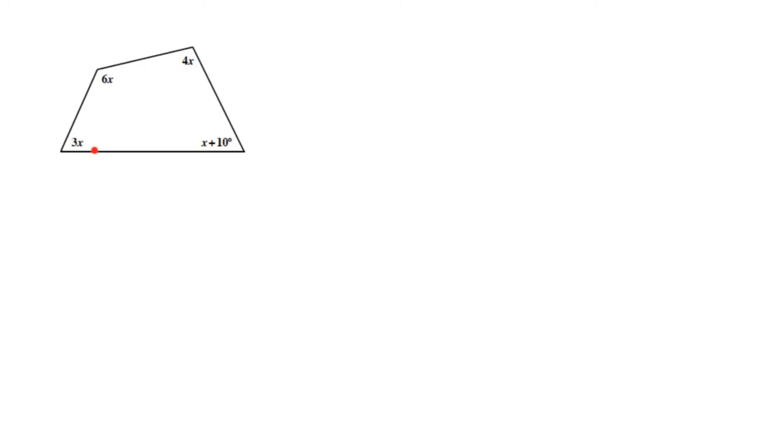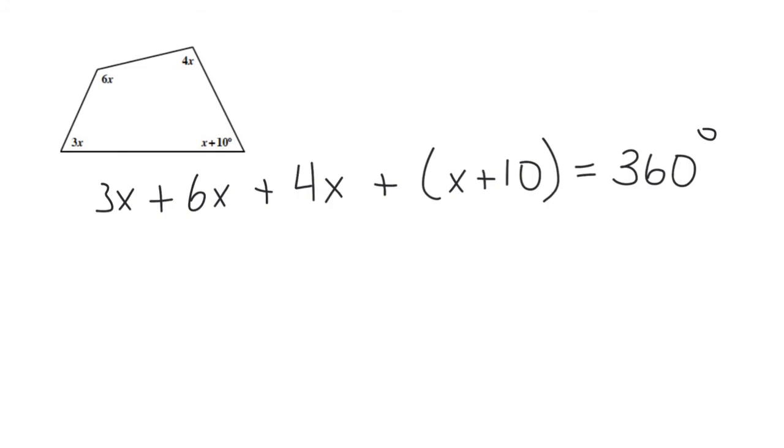Because we are given information on the inside of our quadrilateral, we want to use what we know about the interior angles of a quadrilateral. All of the angles have to add up to 360. So if I take each of these terms and add them together, it must add up to 360 degrees. We're going to use that knowledge to build our equation.